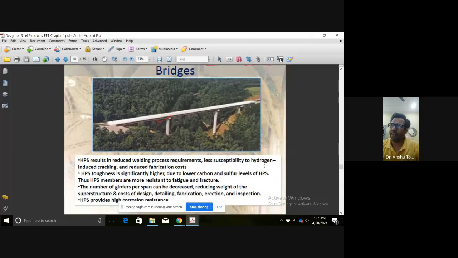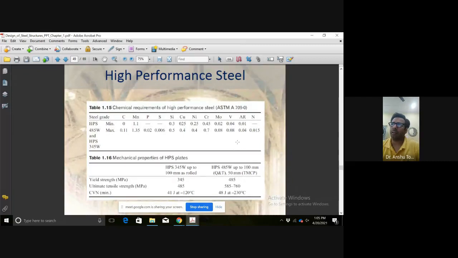For that we need high performance steel, which has quite high yield stress and ultimate tensile strength. Although the values are given here, in reinforcement also it is Fe415. That is a different type of steel as compared to the pure structural steel used as girders in bridges.